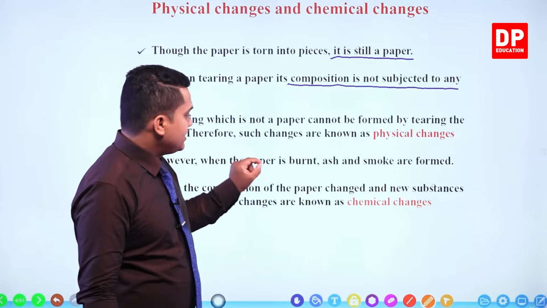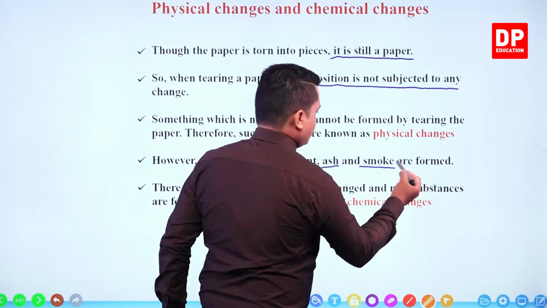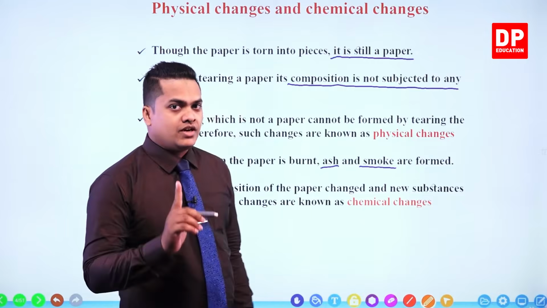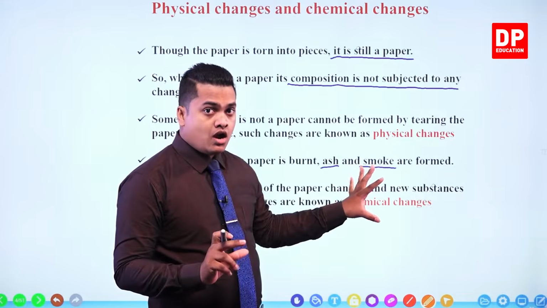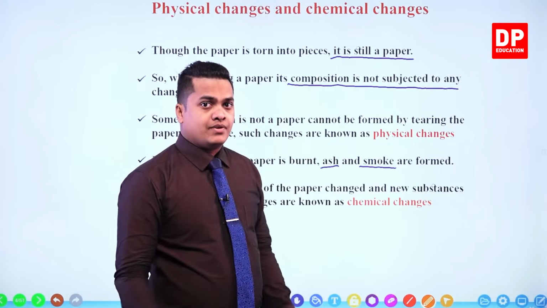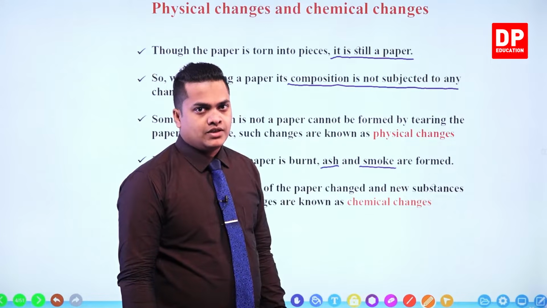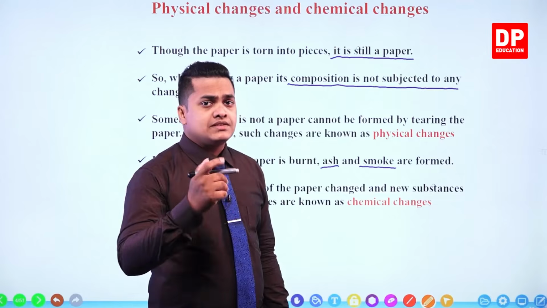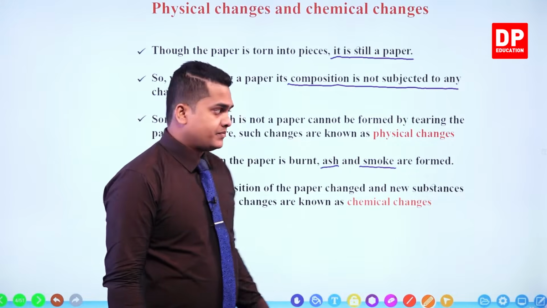Then, in the second one, once again see. When the paper is burnt, ash and smoke are formed. Here, as I told you earlier also, ash and smoke are two new substances that came out from the paper during the process of burning, right? So here we can say that new substances have been created during the burning process.